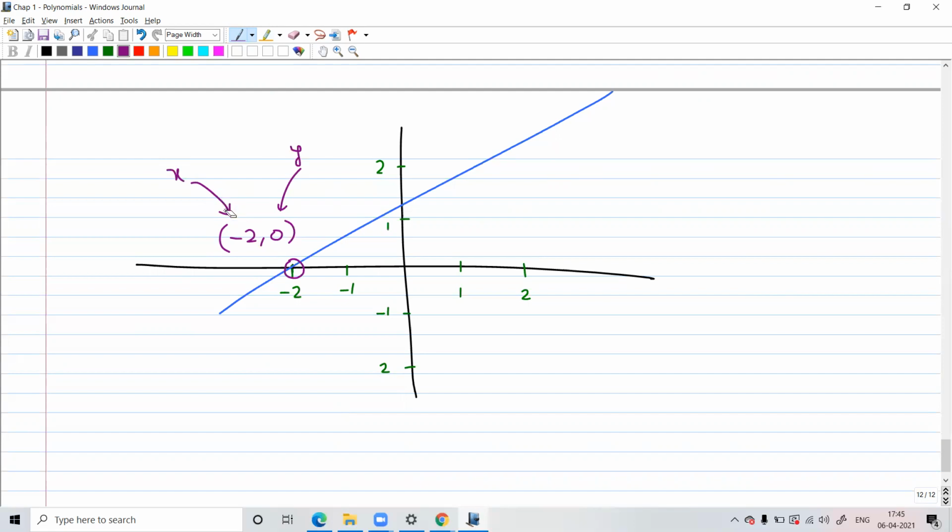That is why -2 is the zero of this polynomial. This polynomial is linear, so let me write that also.